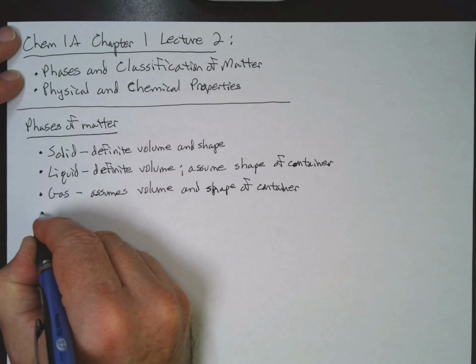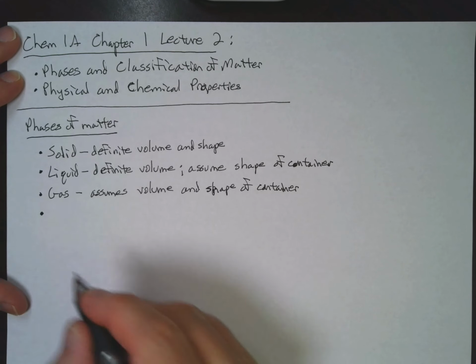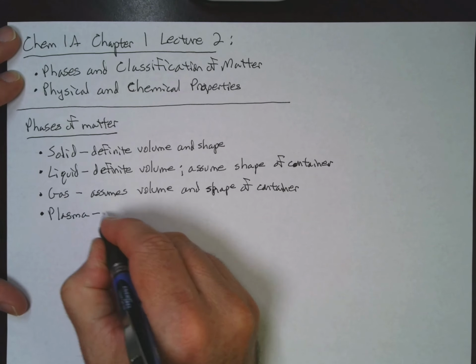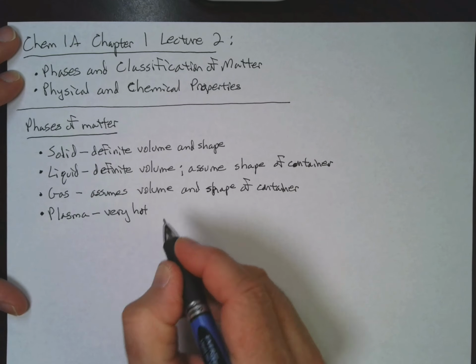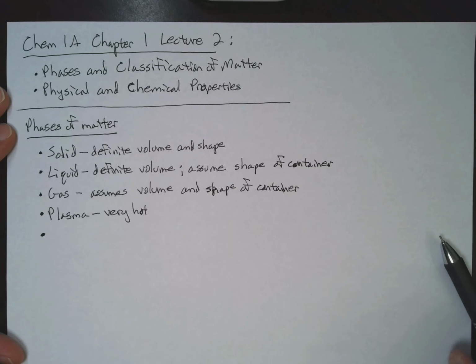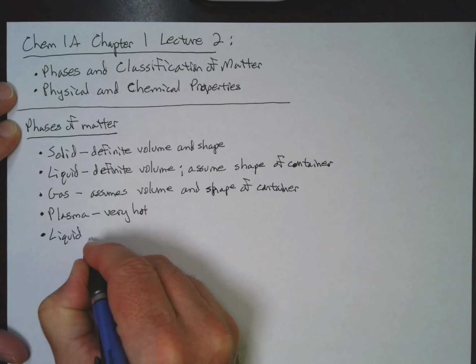Now there are some other phases of matter that I like to talk about. They're getting a little passé now, but plasma TVs used to be everywhere. Maybe not everywhere. We used to have one. Plasmas are very hot. They're so hot it's a superheated gas where electrons are stripped out of the atoms. That's a plasma. We can also have a liquid crystal.